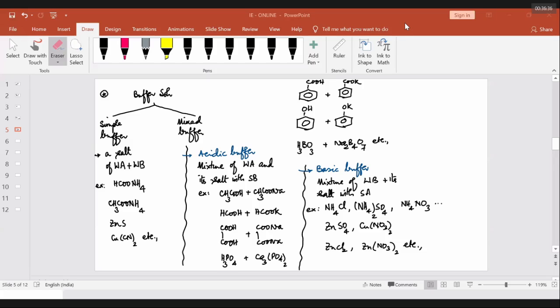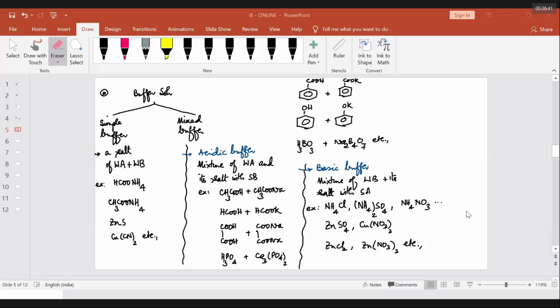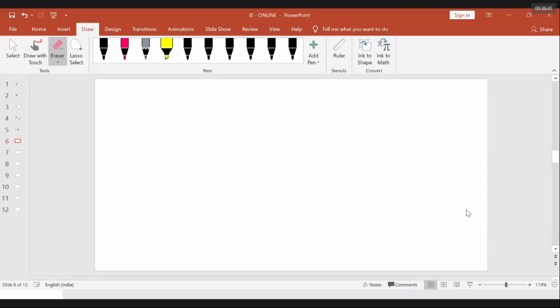Fine. Once you complete this, then our main discussion is, sir, why this solution is not changing its pH value. To answer that and to understand, go back to the first slide and what we have said there, why there is a change in pH value of water, why there is a change in pH value of sodium chloride solution, right?